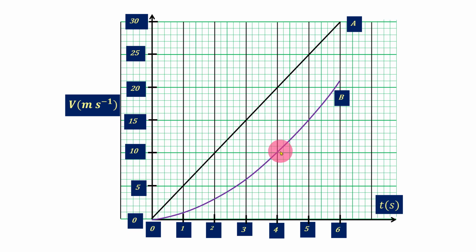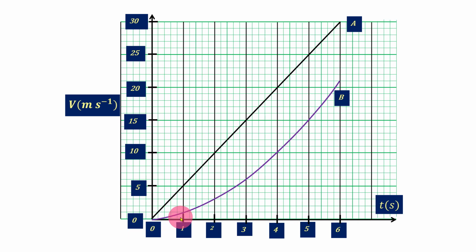I'm going to repeat that. It's very important. Object B starts from rest and moves with a velocity which is increasing at an increasing rate, because the rate at which the velocity is increasing is itself increasing. Check.